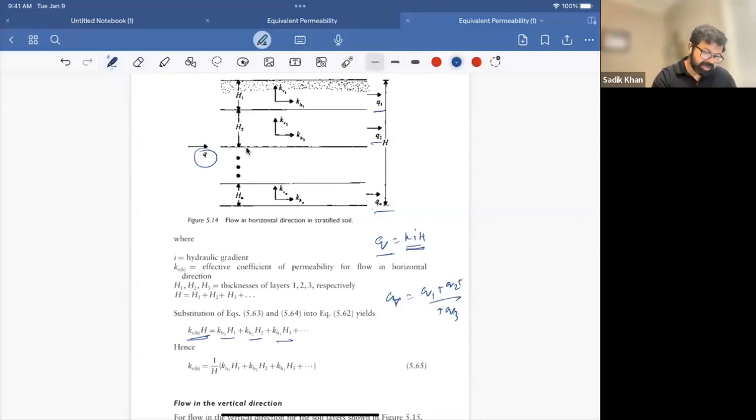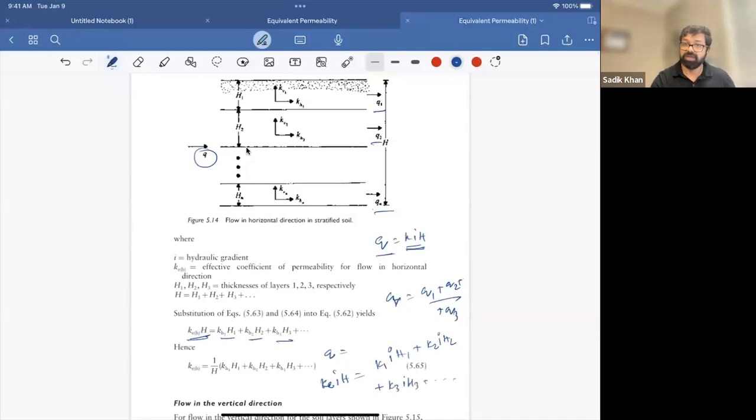Okay, so let's say the equivalent Q is the total Q equal to Q1. So equivalent Q equal to KE, equivalent I H, right? And so basically it's going to be K1 I H1 plus K2 I H2 plus K3 I H3 and so on.